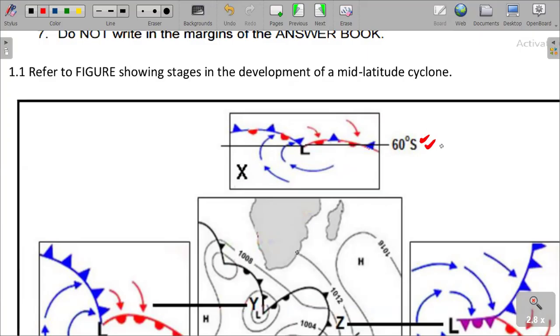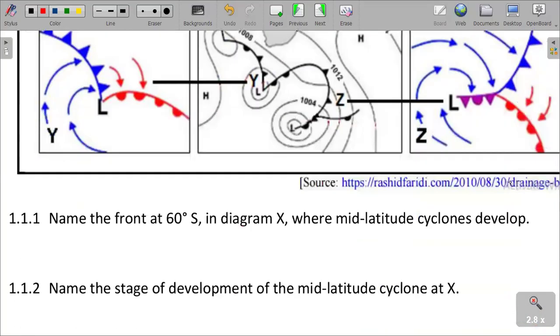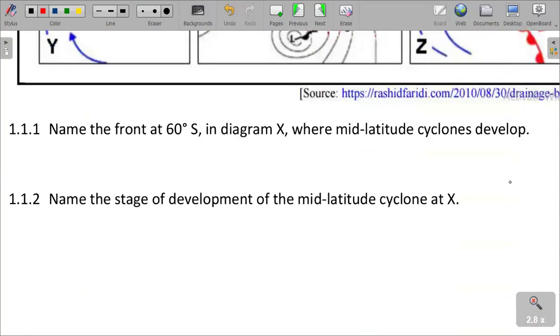What front do we find there? I'm saying this is a polar front that is located at 60 degrees latitude. The polar front is established there. So it is a polar front at 60 degrees south.